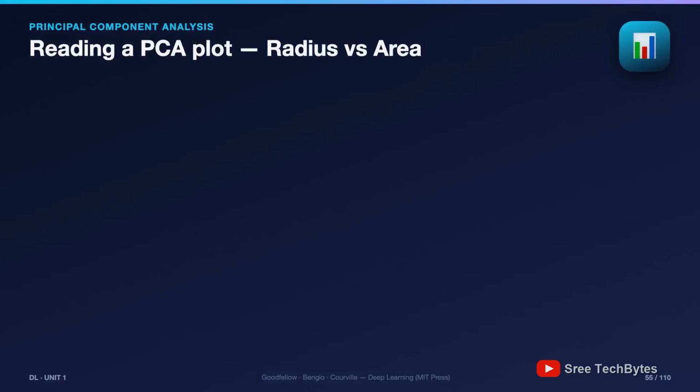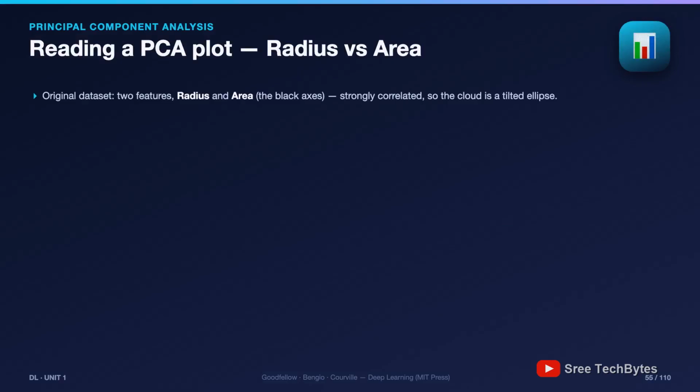Let's read an actual PCA picture together, because interpreting these plots is a skill of its own. The dataset has two features: radius and area, the black axes. Since area grows with radius, pi r squared, they're strongly correlated and the data cloud forms a tilted ellipse. PCA finds two new directions.